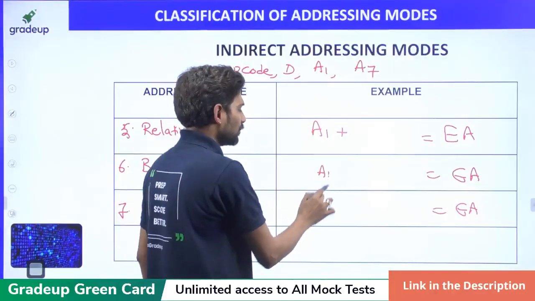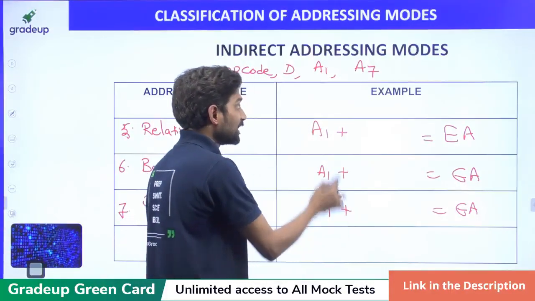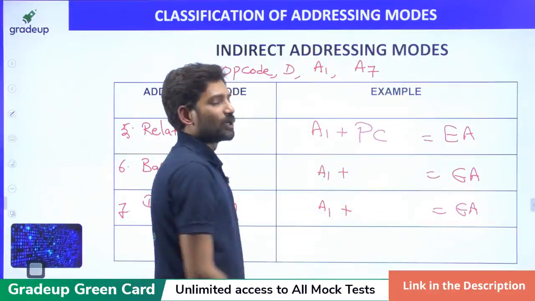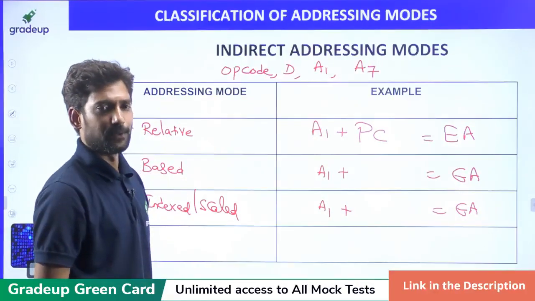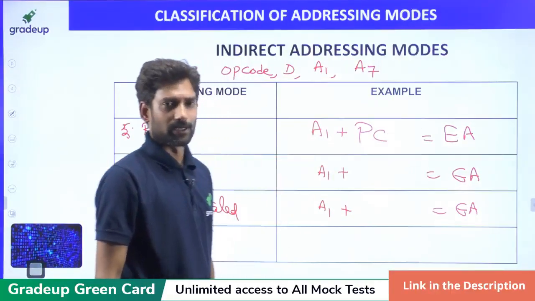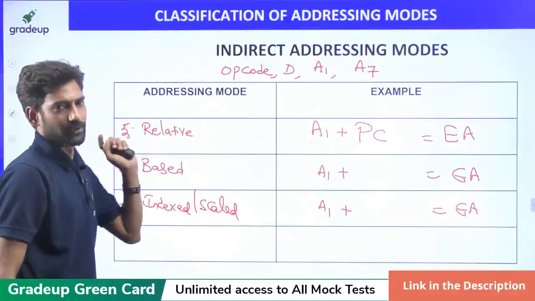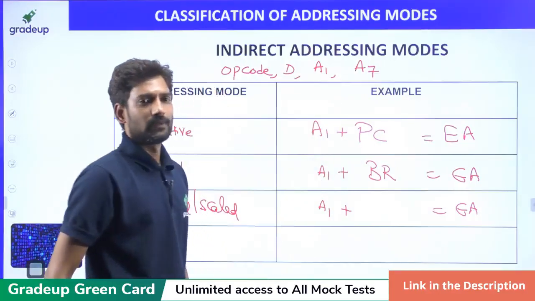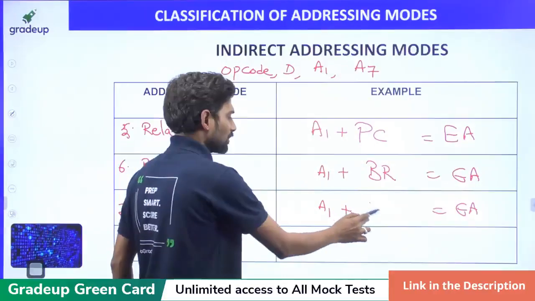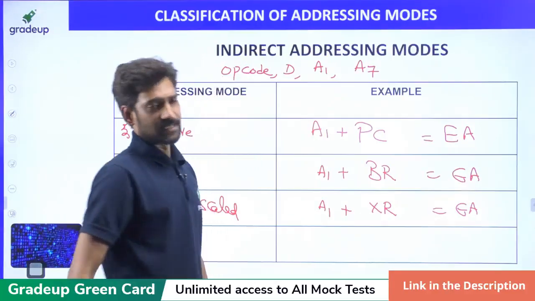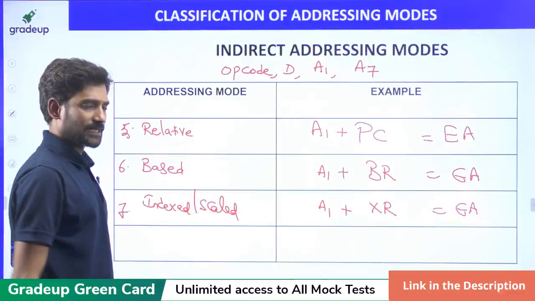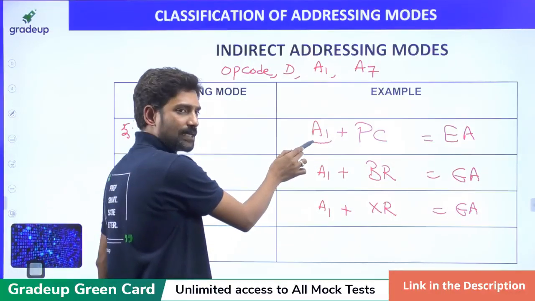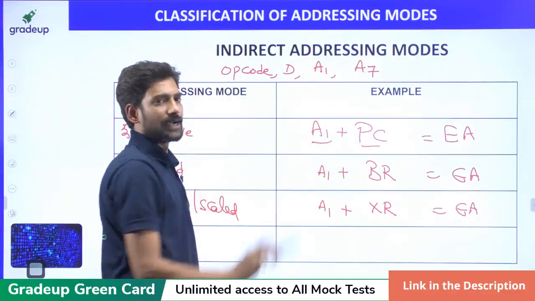So here, to the specified address, if you add the program counter register value to get the effective address, that is relative addressing mode. Base register value, that is based addressing mode. Index register value, that becomes indexed addressing mode. So this is the given address, this is what you are adding.